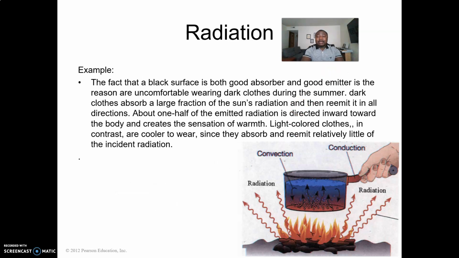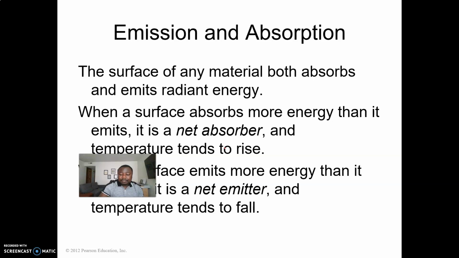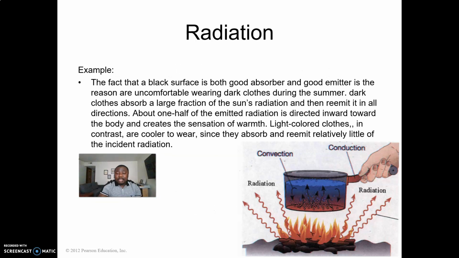So we have an example below that talks about all three methods by which heat is transferred. If we hold a pan with water over a flame, the water at the bottom of the pot gets heated up and convection currents are set up: the heated water flows to the top and the cold water flows downward, and that's the process of convection.